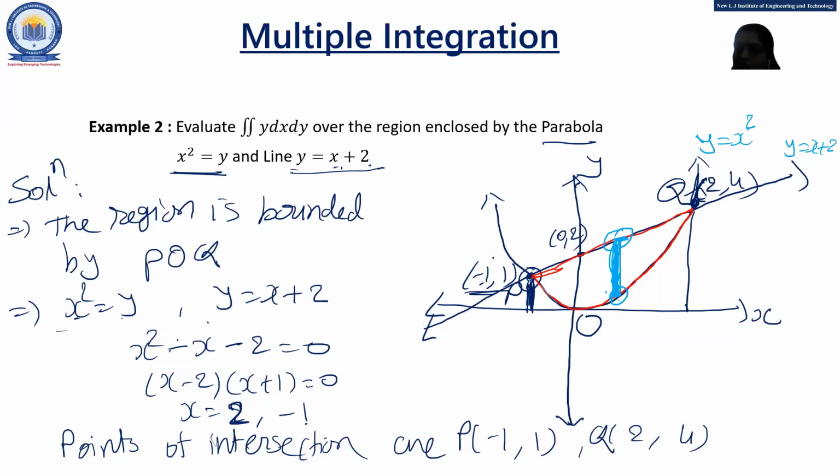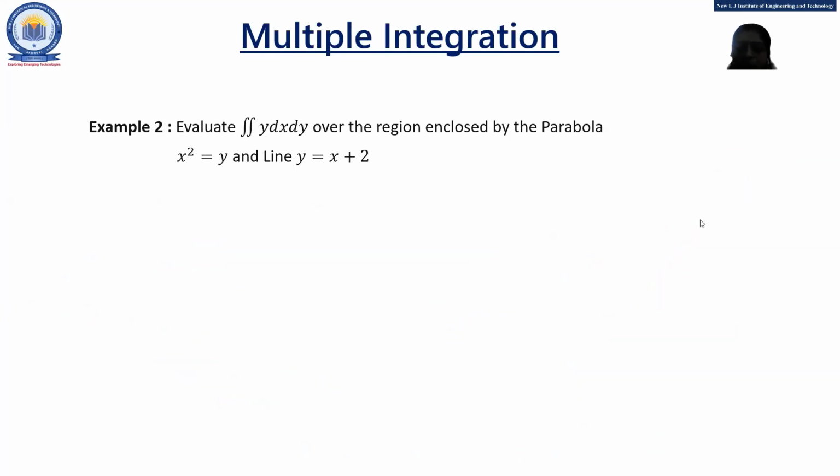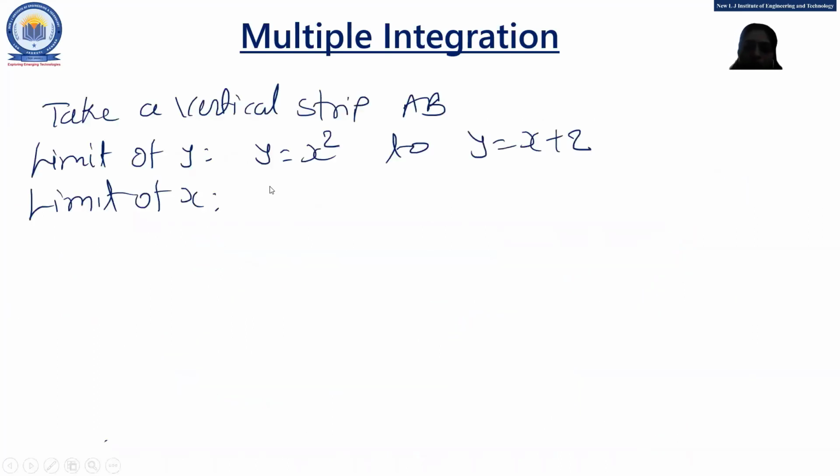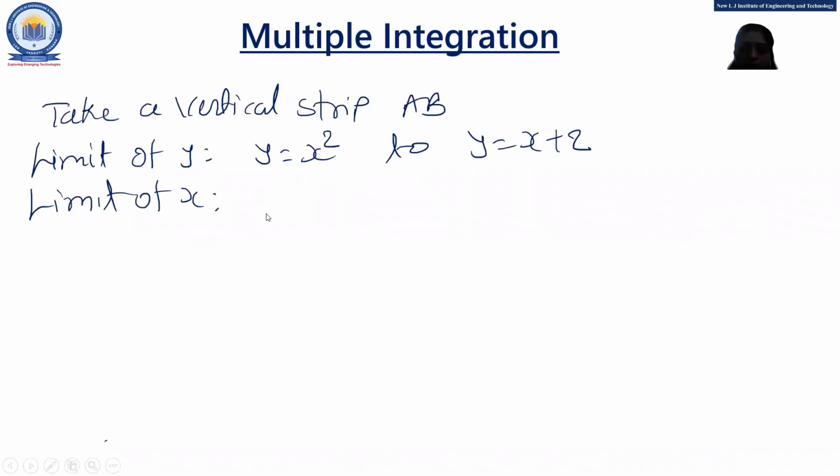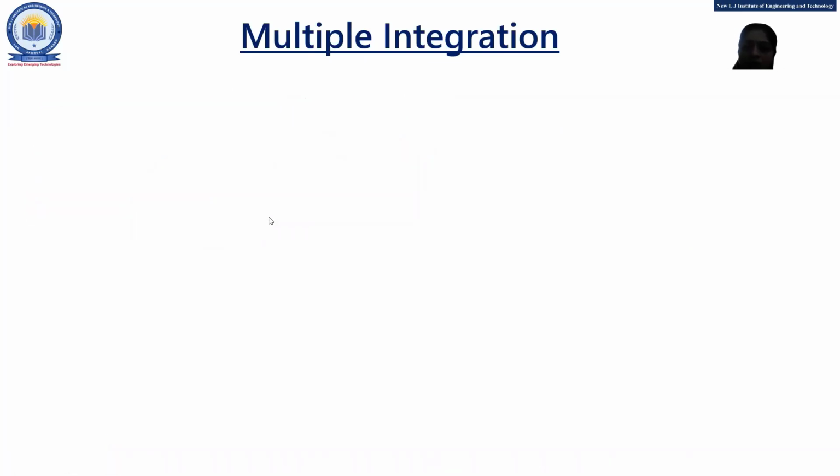It means the limit of x, your leftmost point, that is your starting point, is x equal to -1, and rightmost point is x equal to 2.